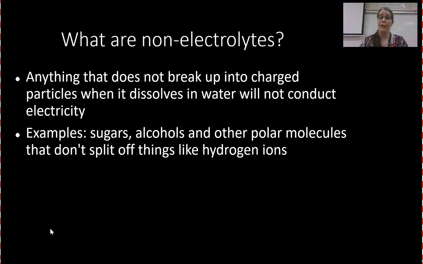Anything that does not break up into a charged particle when it dissolves. So things which are soluble like sugar or miscible like most liquid alcohols, those things that don't split off and make any hydrogen ions in solution or any other ions in solution, those are non-electrolytes because those solutions are non-conductive.